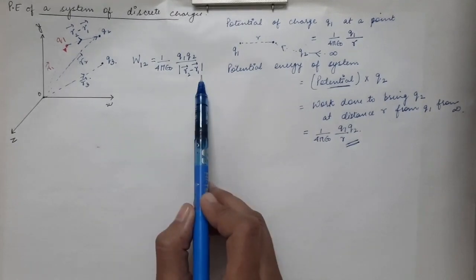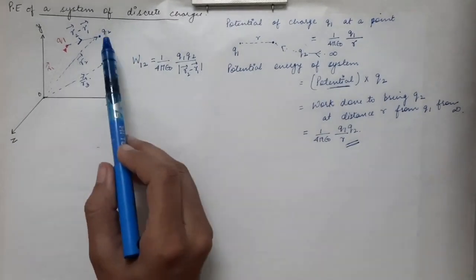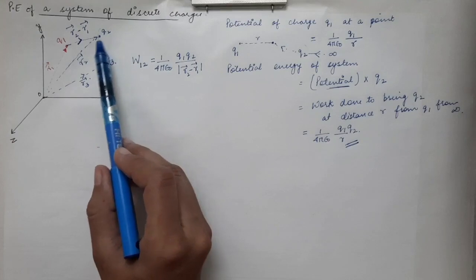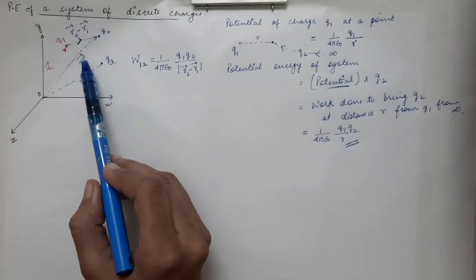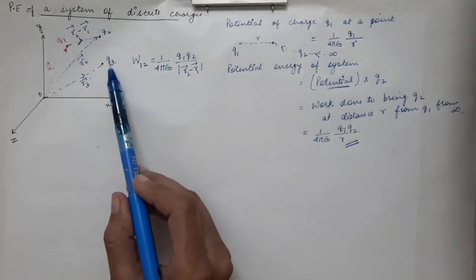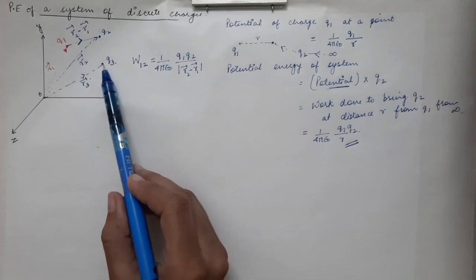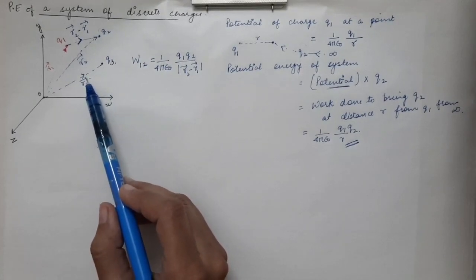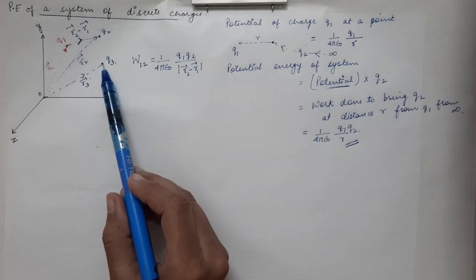So this much work you have already done in setting up q2 at a position vector of r2 vector. Now you are setting up q3 charge at a position vector of r3 vector. So what will be the amount of work done in that case?